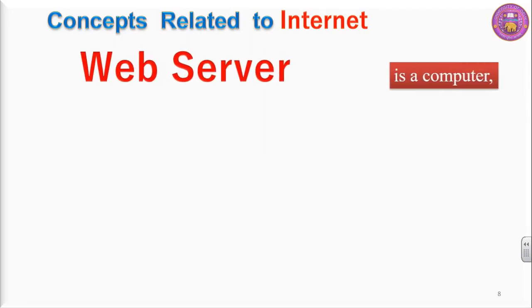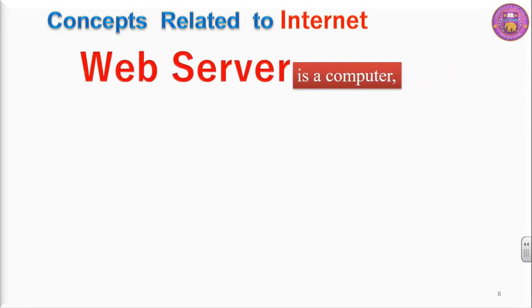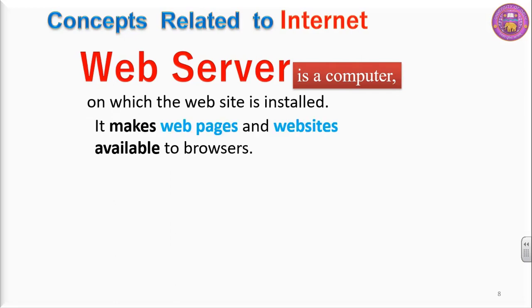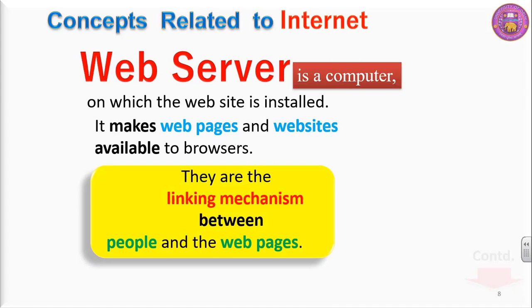Web server. Web server is a computer on which website is installed. It makes web pages and websites available to browsers. They are the linking mechanism between user, people, and the web pages.